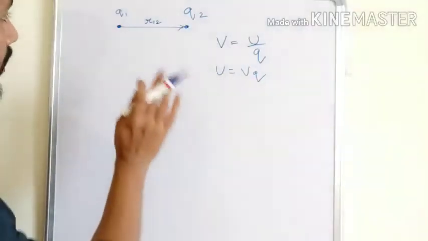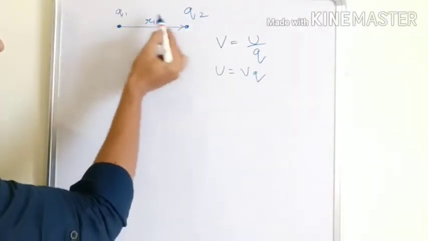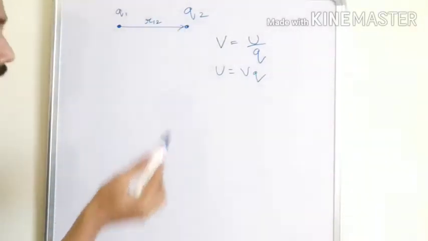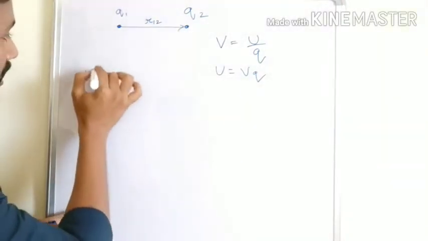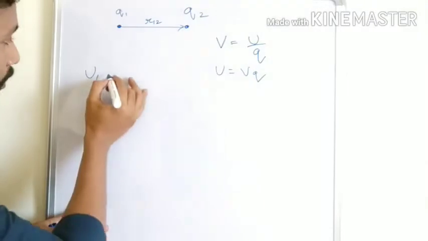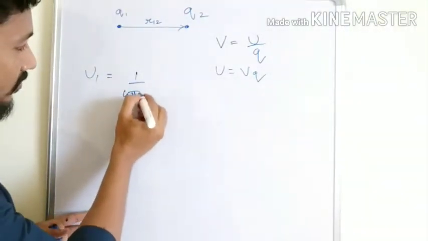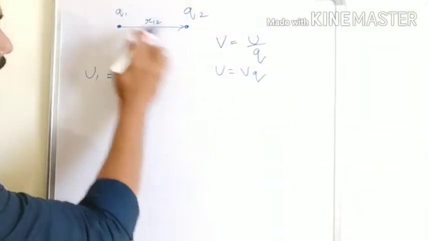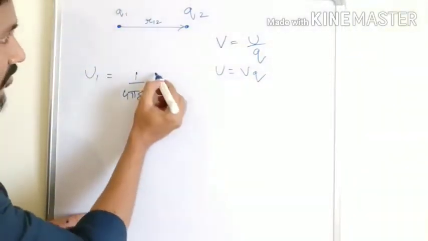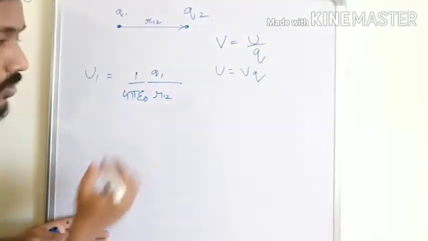So now how much is the potential energy right now, when there are only two charges present, that is Q1 and Q2? The potential energy, let us denote it by U1, will be equal to 1 upon 4 pi epsilon 0 times V because of Q1. V because of Q1 is Q1 upon R12.